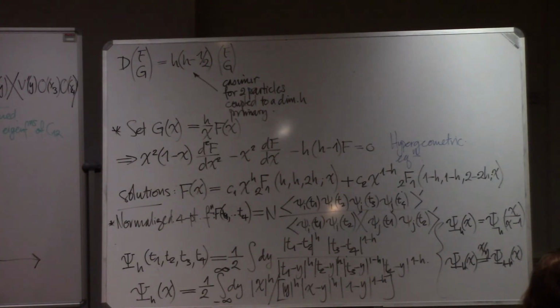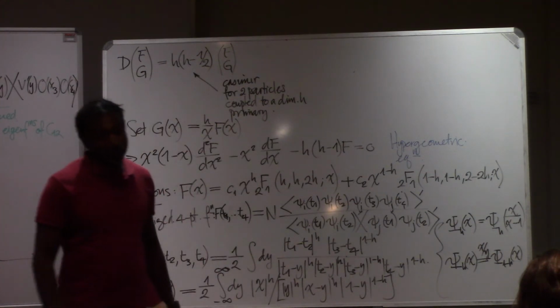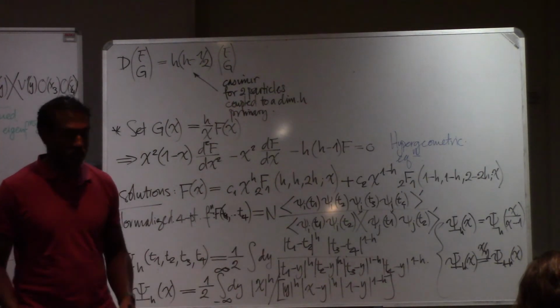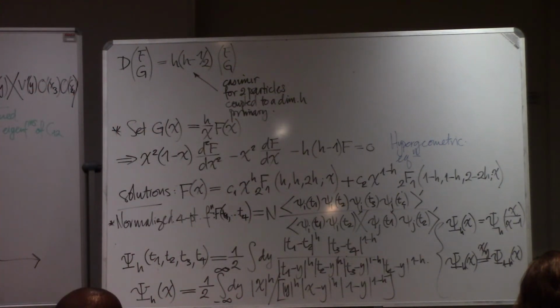And this is nothing but the statement that psi_h is an eigenfunction of C12 with eigenvalue h times (1 − h), which is invariant under sending h to 1 − h. So there you go. Psi_h is invariant under h going to 1 − h. And again, you can just read it off from making a change of variable in the integral and rewriting the integral in that form. Okay.